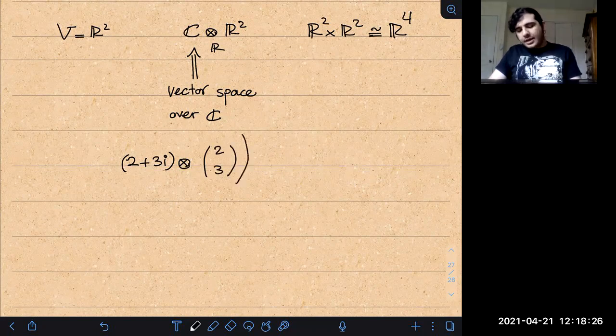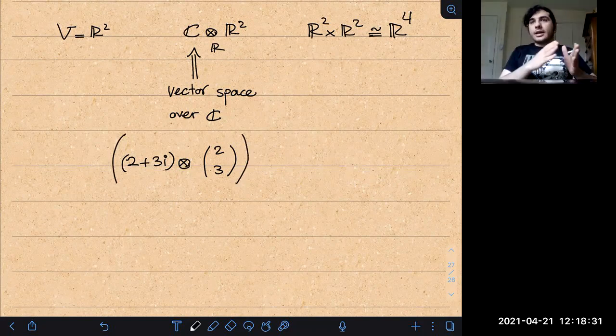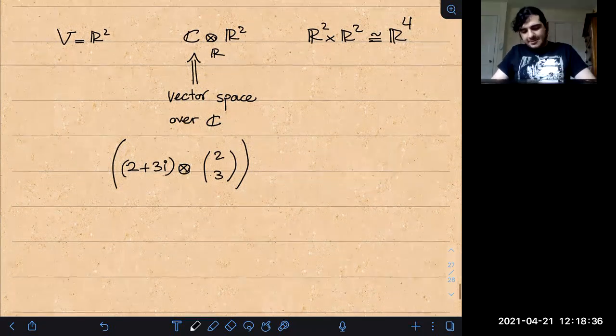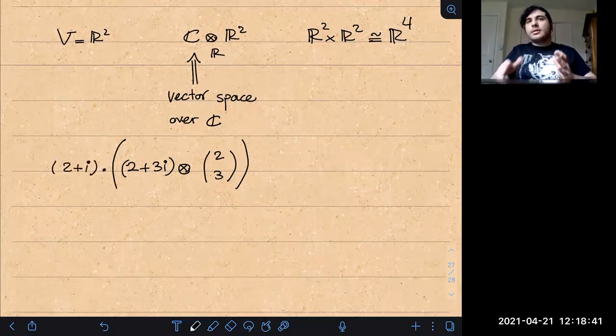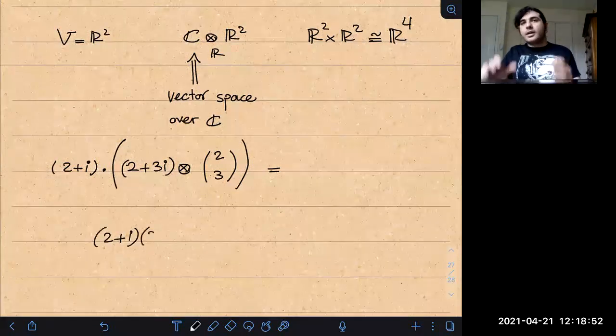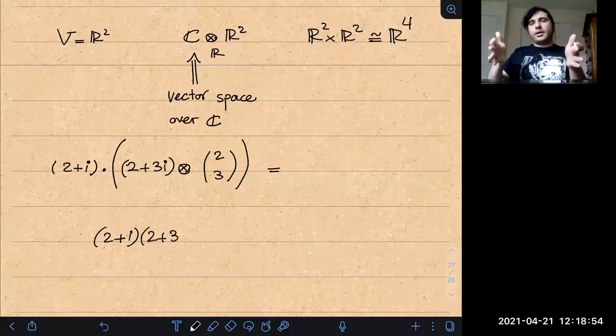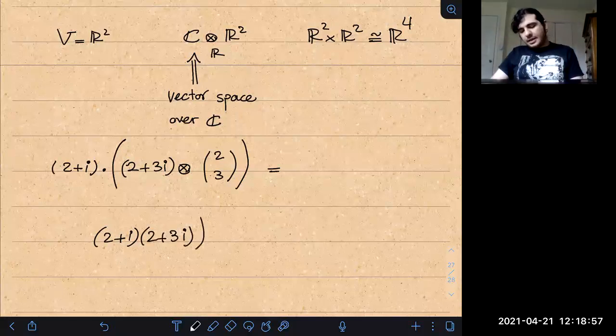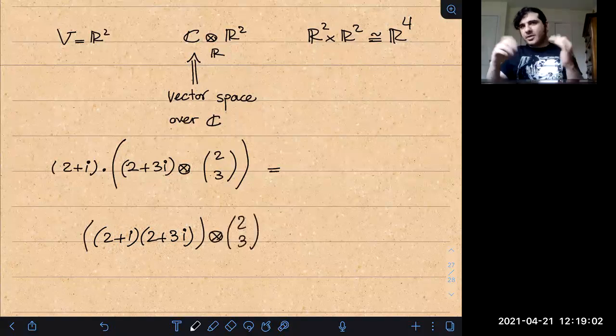Now, when I want to say this is a vector space over C, I should show you can have scalar multiplication by elements in C. So some element in C is, say, 2 plus i. Well, we can define this as scalar multiplication. I would just define this to be 2 plus i times 2 plus 3i. I would multiply that number by the complex part of this thing, and I would tensor the result by the vector I had, 2 and 3.